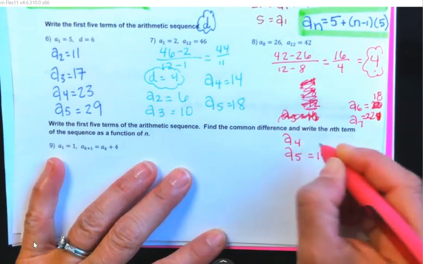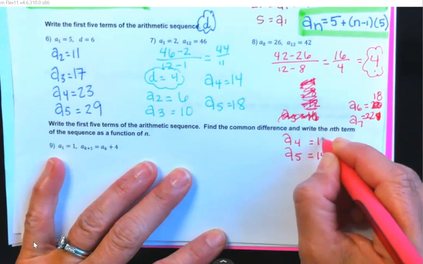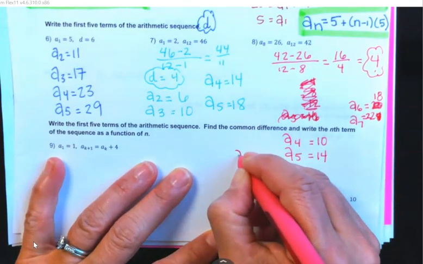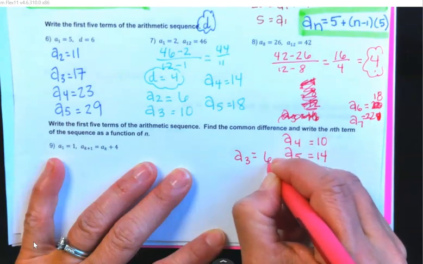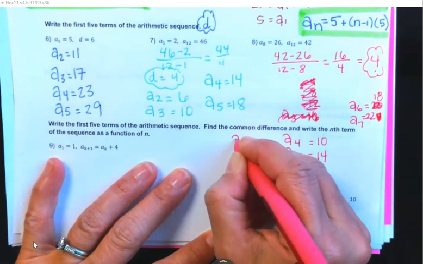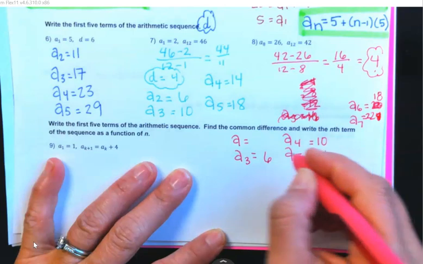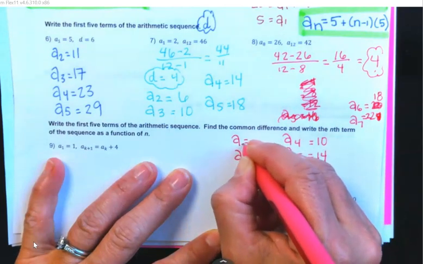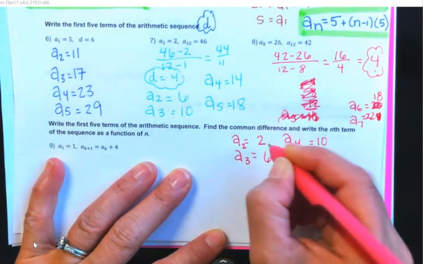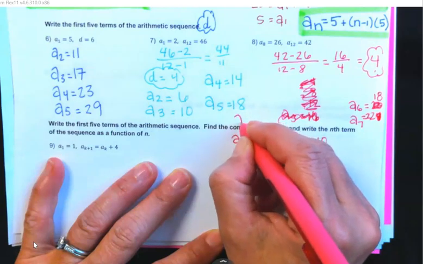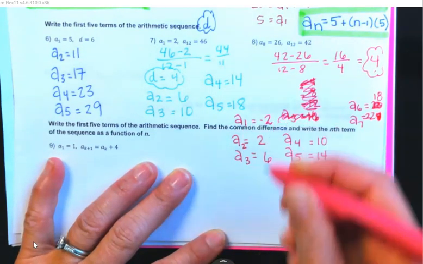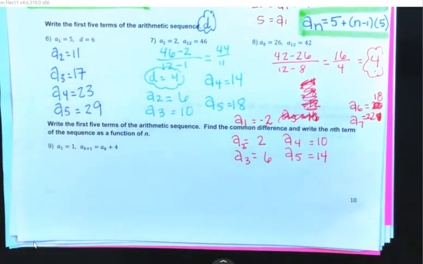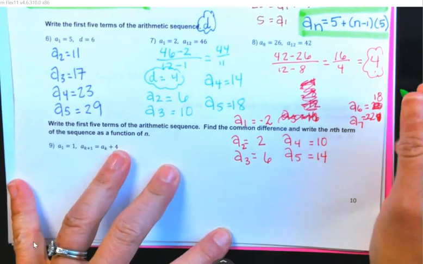A sub 4 is going to be 10. A sub 3 is going to be 6. A sub 2 is going to be a positive 2. And a sub 1 is a negative 2. I'm so sorry, I cannot add.